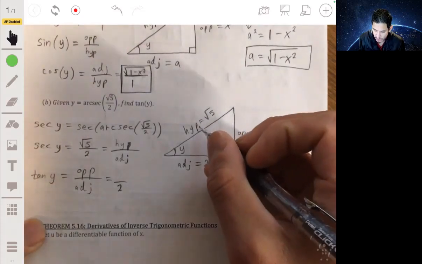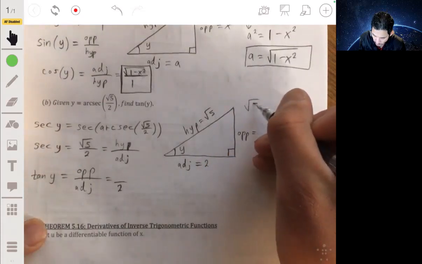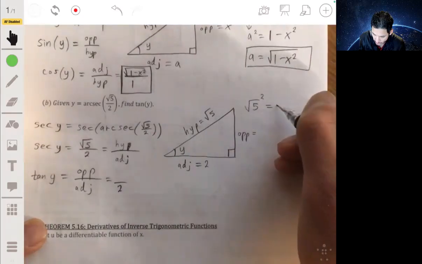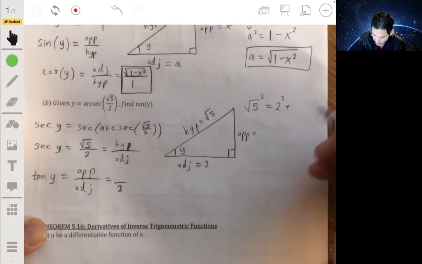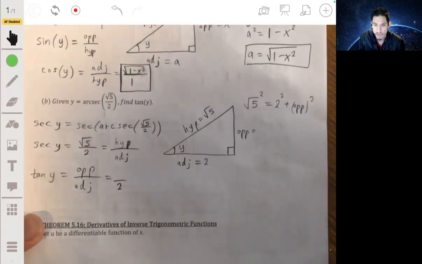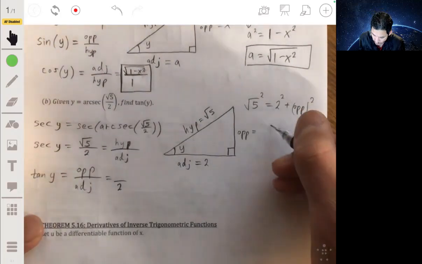So we have √5 squared is equal to 2 squared plus the opposite leg squared. We'll just call it op. And then we just solve for the opposite leg.